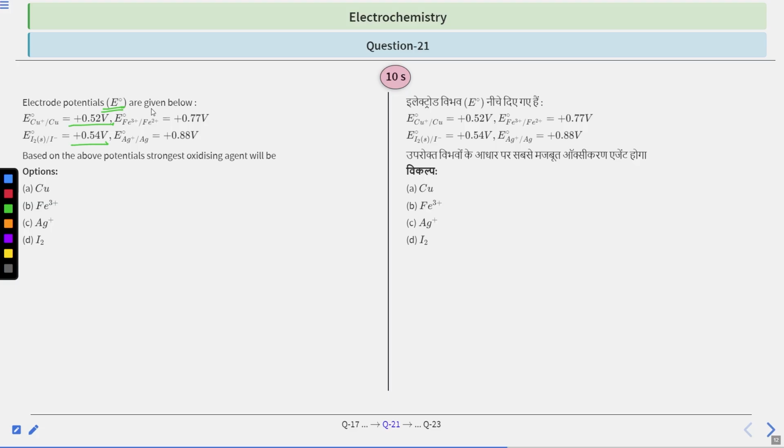Based on the above potentials, the strongest oxidizing agent will be. Options are copper, Fe3 positive, Ag positive, or I2. So you have 10 seconds to solve this question. After that, we will see the answer.